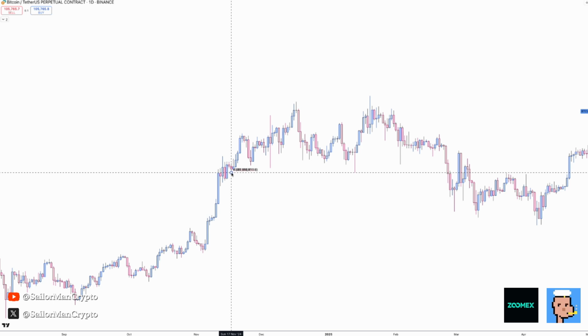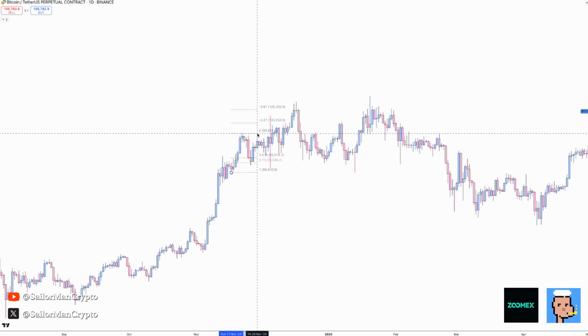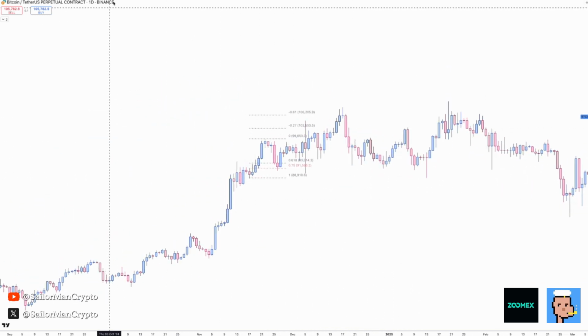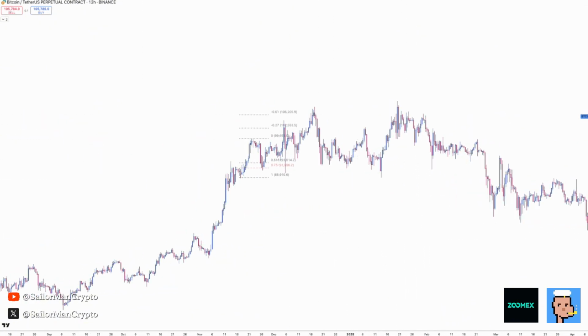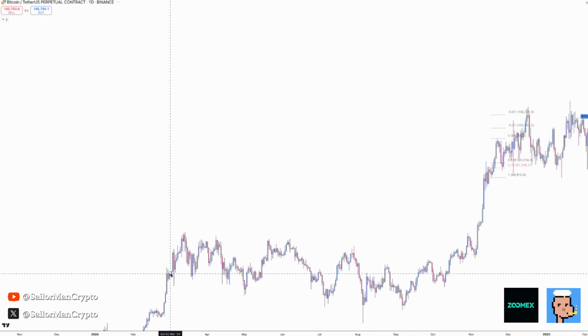If this 3-drive was this one, you can see that the first drive was this one, probably the first move from the high to the low. It retraced around 0.27 and then the move up to 0.27. So the first move was a good one.